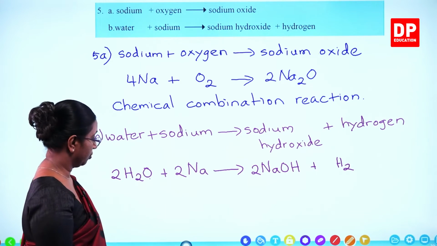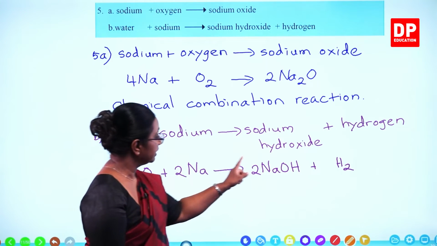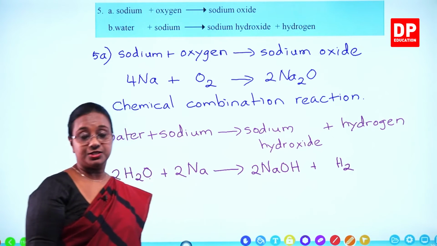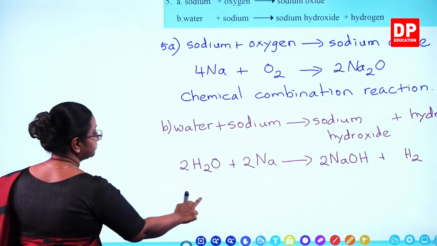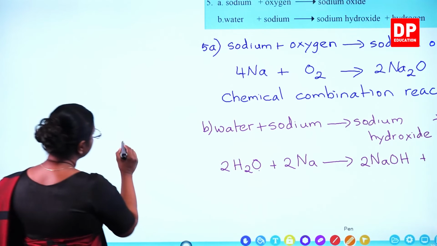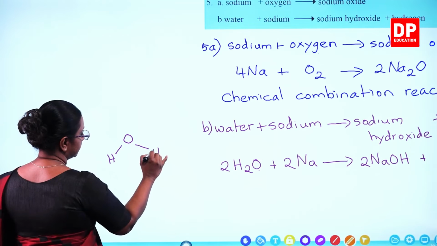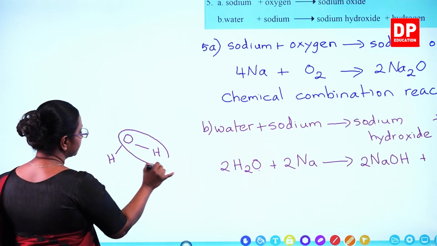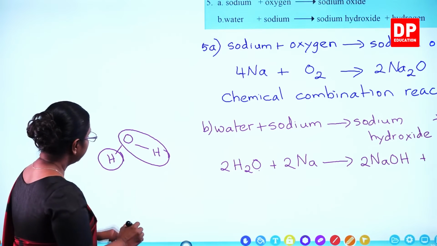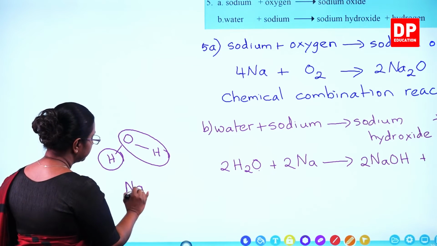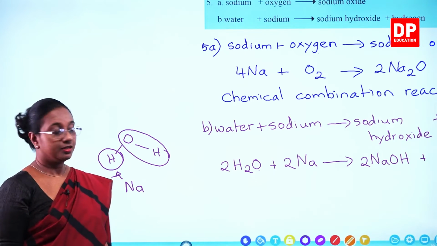Water has H2O. Now sodium is here. Here the product is NaOH. Now water, you can remember students, if you take water, this part is OH, this is H. If you put sodium, sodium can displace this hydrogen.